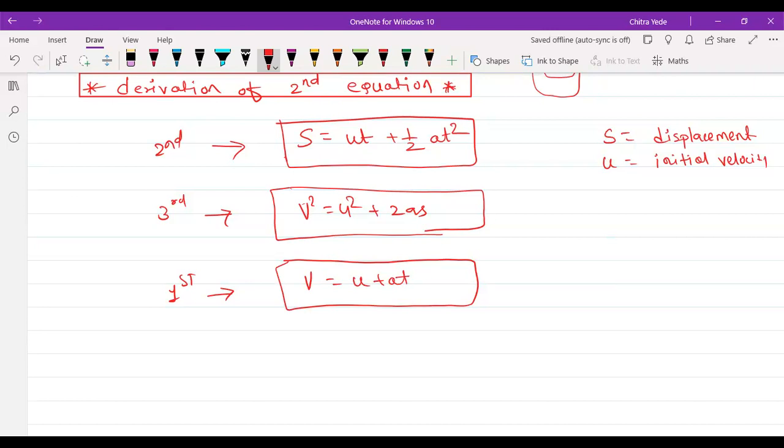Because you may be asked to solve numericals based on them. Check your syllabus: what is left in this chapter?